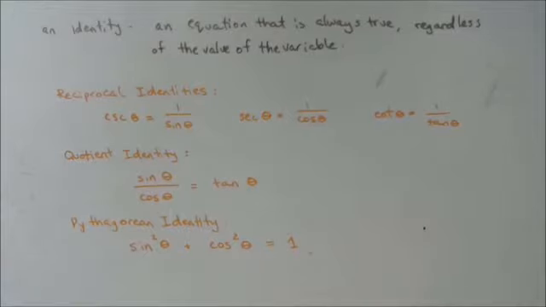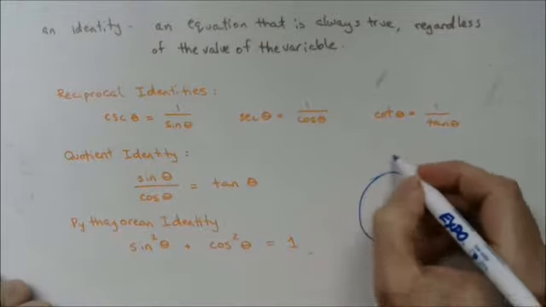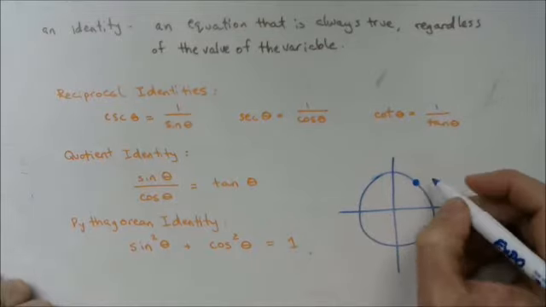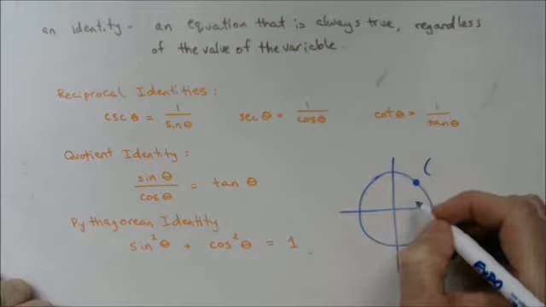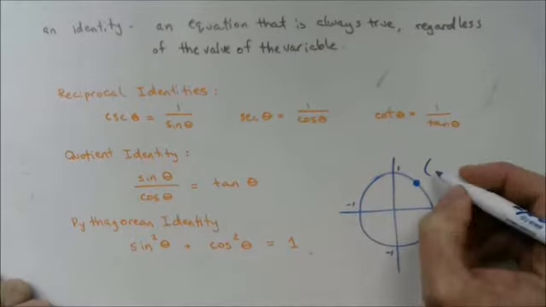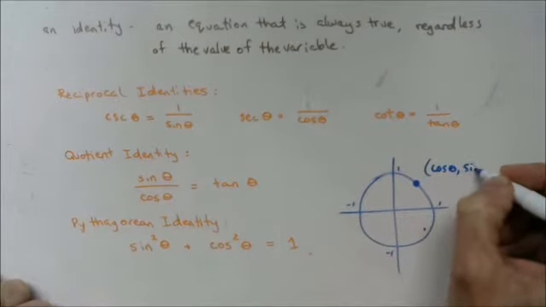That one I'm going to just very briefly explain. It's not difficult, but I just want to draw a little picture to help us understand it. Basically, when we took any point on our unit circle, 1, 1, negative 1, negative 1, we found out that the coordinates were cos theta, sine theta.